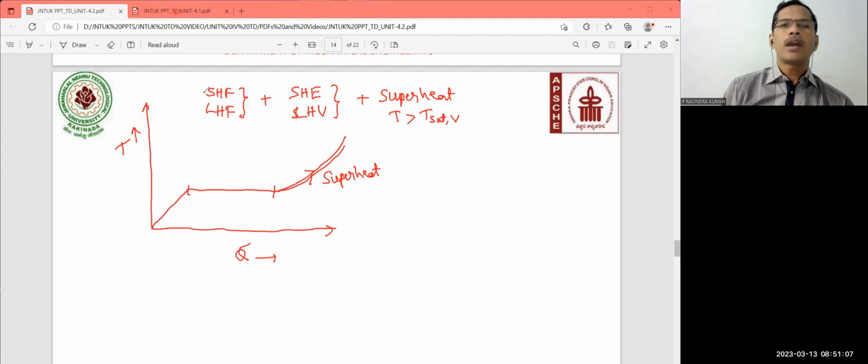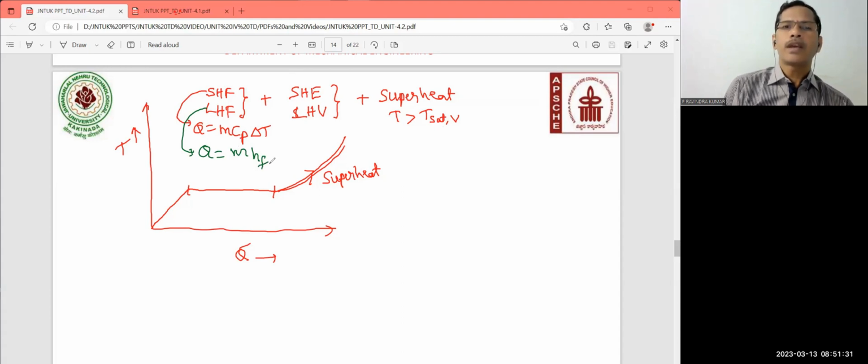Now on this side, if you want to apply the sensible heat, Q is equal to mCp delta T is to be applied. On this side, Q is equal to m into latent heat of fusion, right?